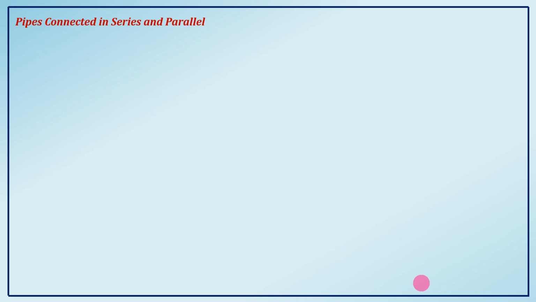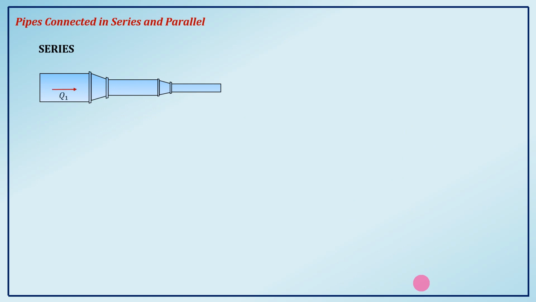Next, we have pipes connected in series and parallel. We need to know certain equations regarding this connection. So, let's discuss first the series connection. We have here a certain pipeline that changes its diameter and length.